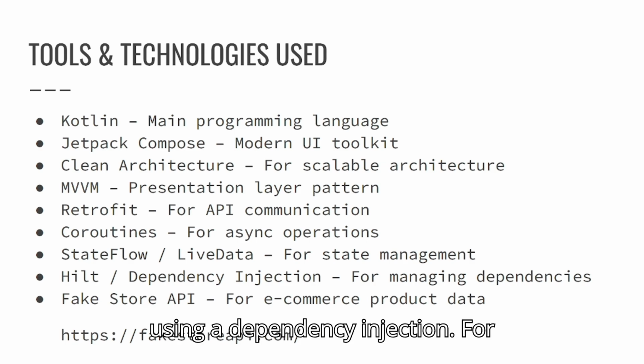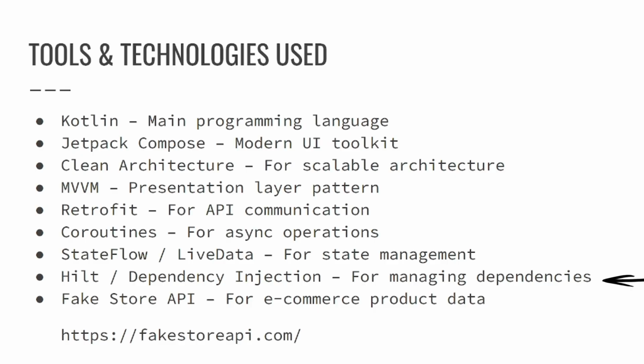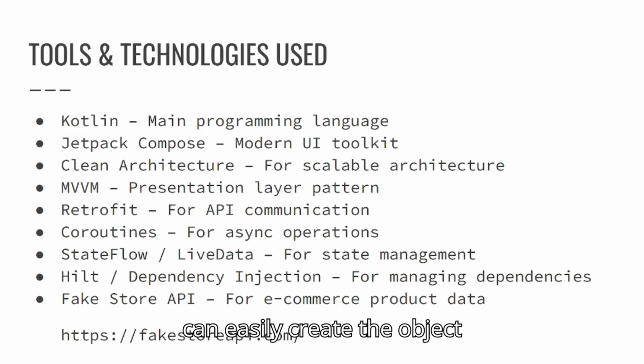Also, we are using dependency injection. For this, we use the Hilt library. Hilt helps in managing dependencies like the view models, repository, and API service. So using that we can easily create objects and easily add them to any class.